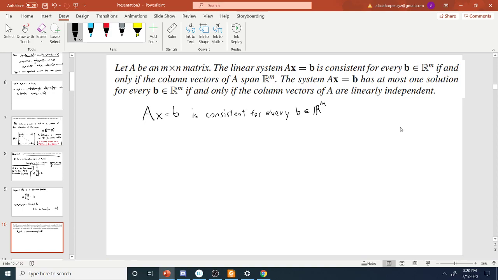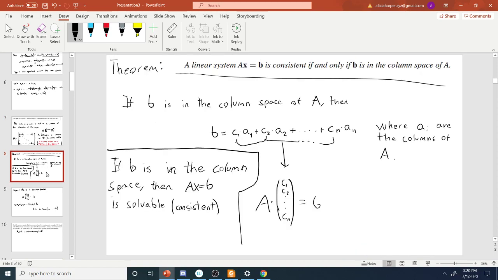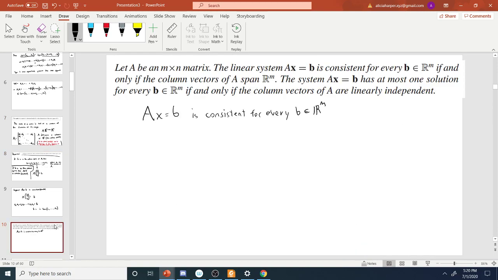Well, what this means is that by our previous theorem, this is the same thing as every B in Rm lies in the column space of A. And so basically the first part of the statement follows immediately from the preceding theorem.